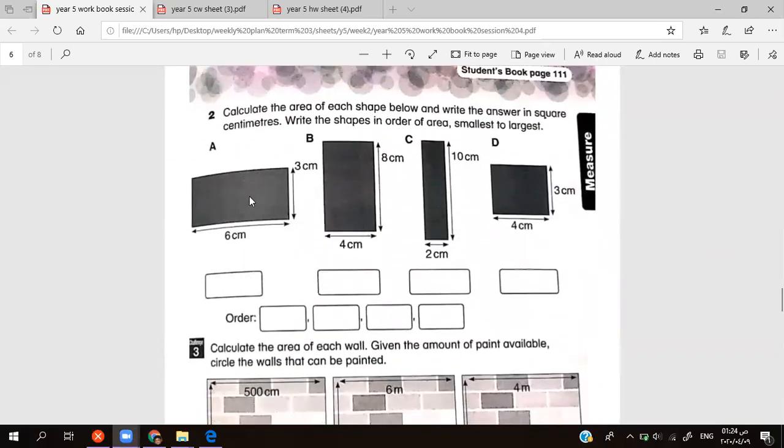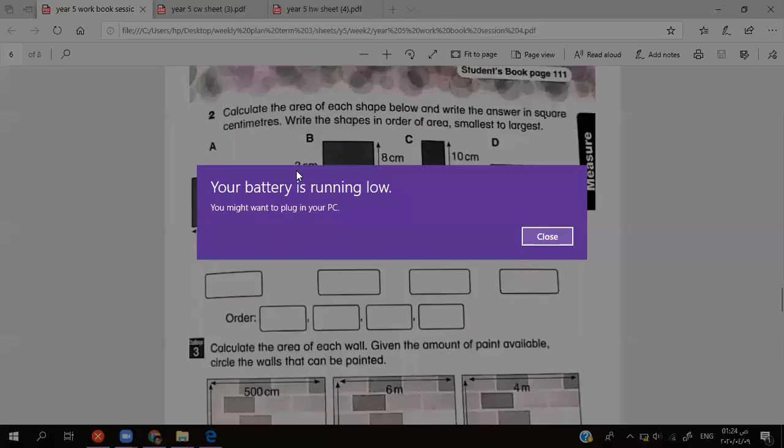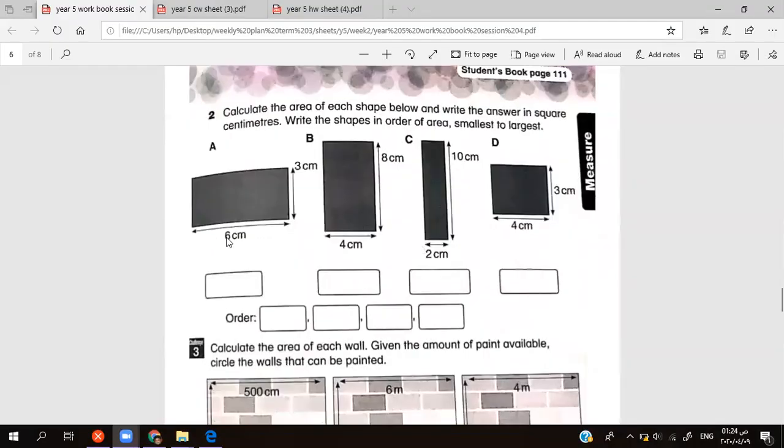Here, we're done with the squares, and here he wants it when he gives you the length of something. The length here is 6 centimeters and the width here is 3. So to get the area, I multiply the length by the width. So 6 times 3 is gonna give me 18.